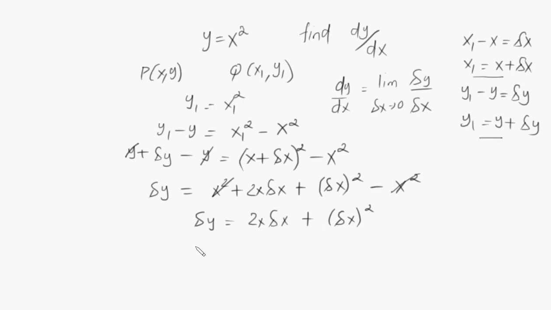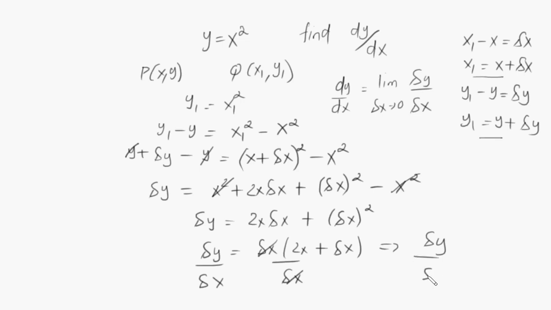Naweza nikatoa nje delta x here. So my delta y is just equal to delta x times 2x plus delta x. I can divide by delta x both sides. So I'll obtain here that my delta y over delta x is just going to be equal to 2x plus delta x.